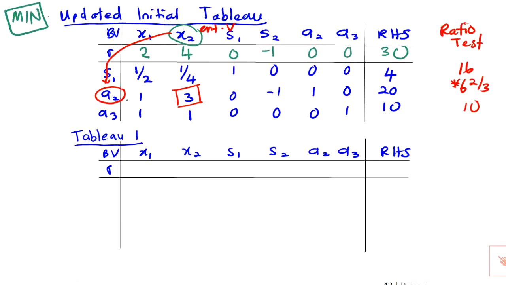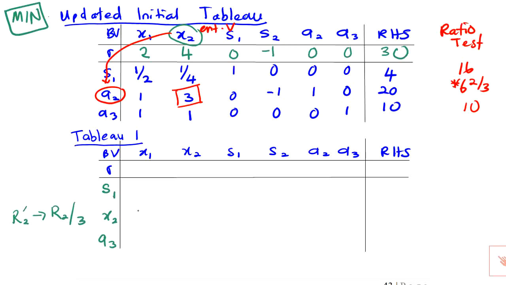Alright, so in tableau 1, the new BVs are S1, X2, and A3. So row 2 new is row 2 over 3.